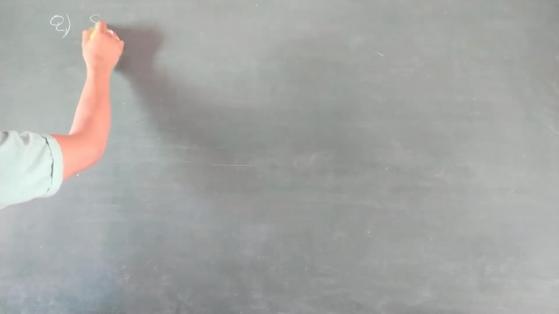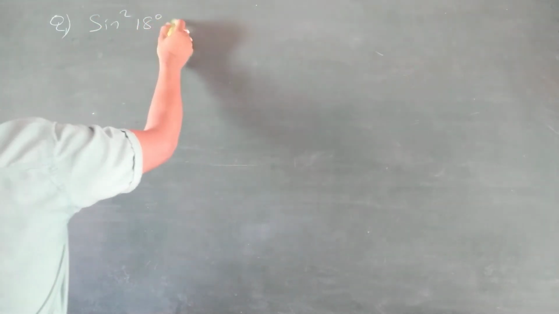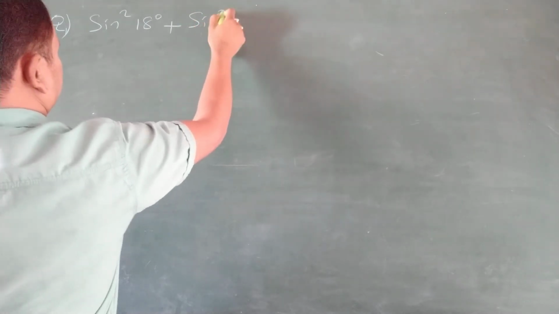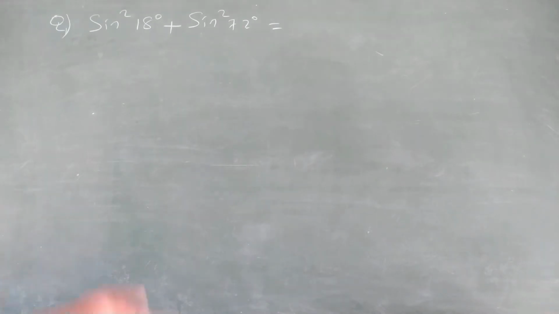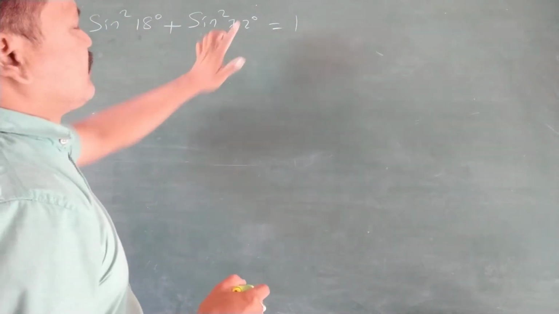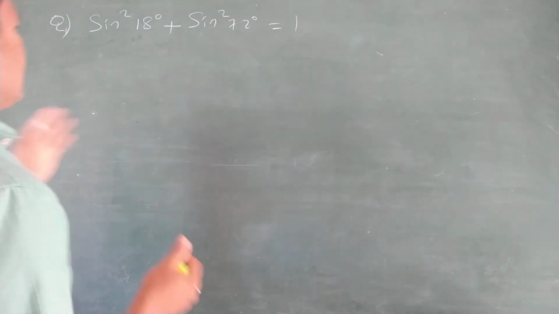The first question: sin square 18 degrees plus sin square 72 degrees is equal to 1, since 18 plus 72 is 90.